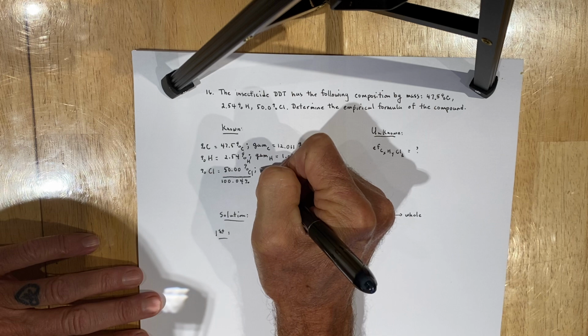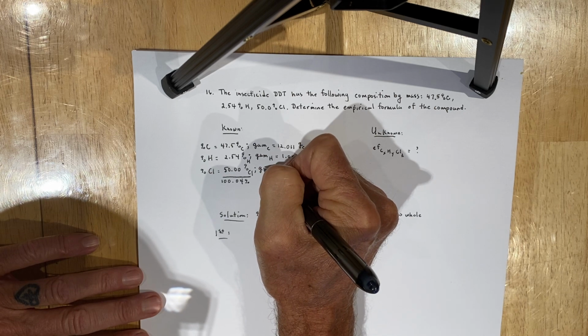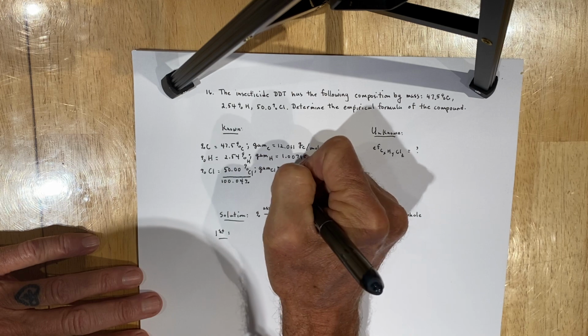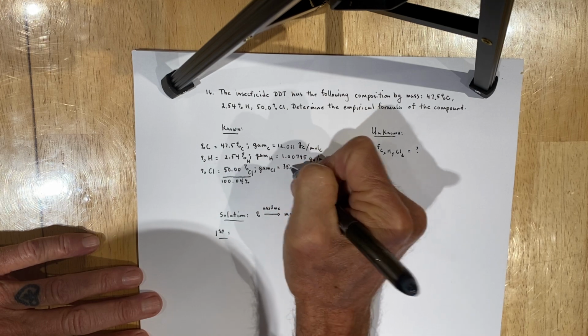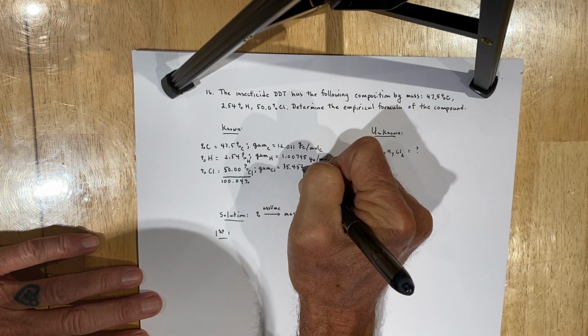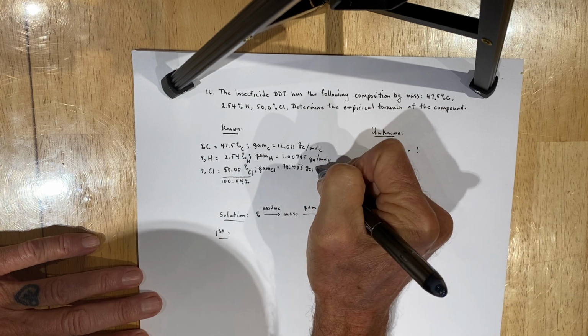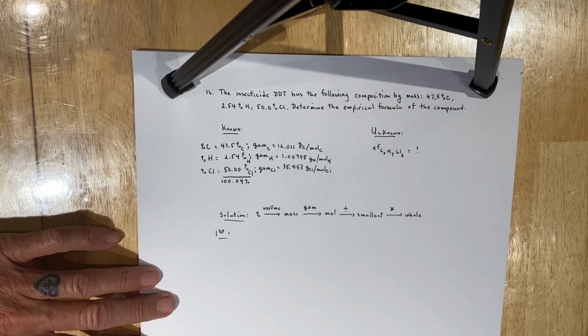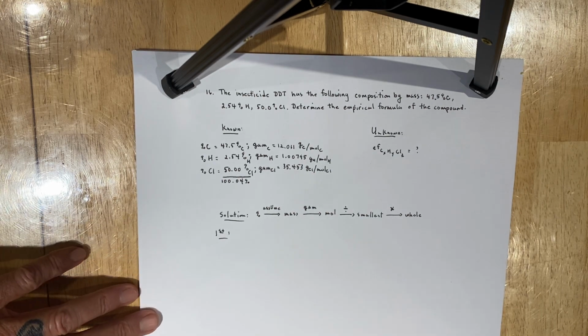And the gram atomic mass of chlorine is in fact 35.453 grams of chlorine per mole of chlorine. And you can get those values straight off the periodic table.